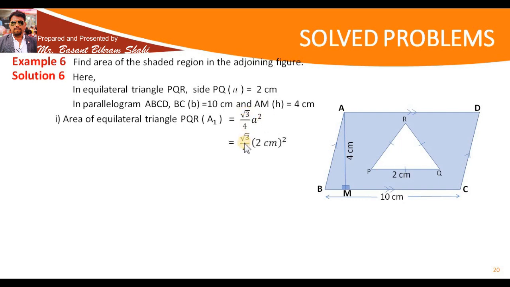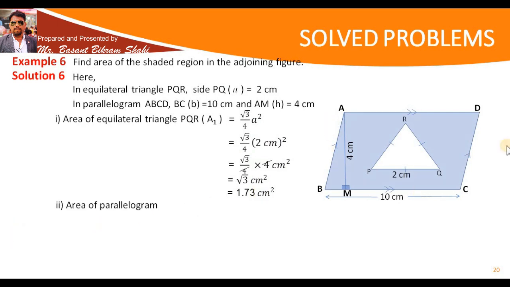So it is root 3 by 4, a is 2 centimeter. So 2 centimeter whole square is 4 square centimeter. Here 4 and 4 cancelled. So we have square root of 3 square centimeter, and root 3 is 1.73, rounded to 2 decimal places.